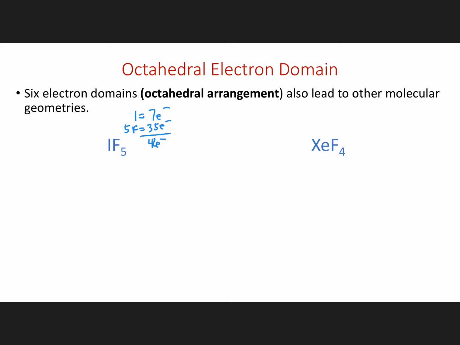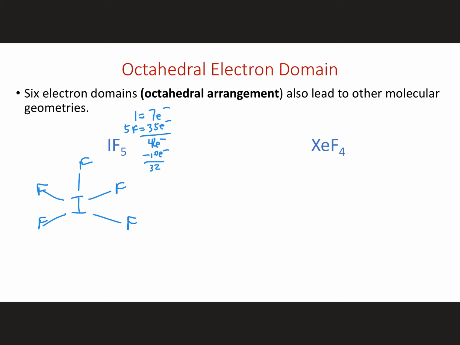I'm going to place iodine in the center, and I'm going to flank iodine with all of the fluorines. So there's 1, 2 electrons, 3, 4, 5, 6, 7, 8, 9, 10 electrons. I'll place the fluorines around, and I just assigned 10 electrons.